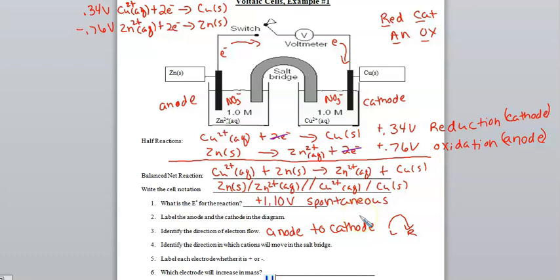Okay, I'm going to skip forward for just a second and go down to number 5. It says label each electrode as positive and negative. And this is sheer labeling. It really has nothing to do with anything. It's the way we label a battery.